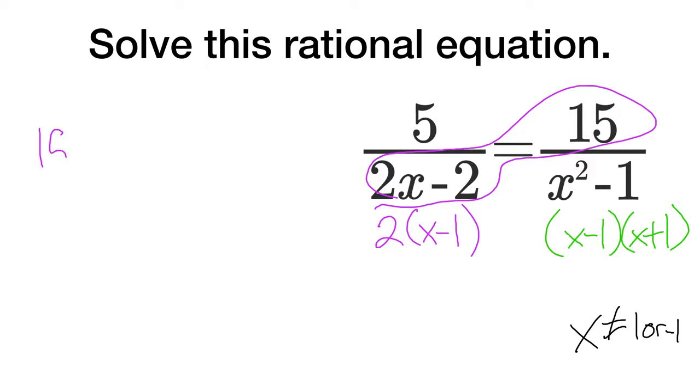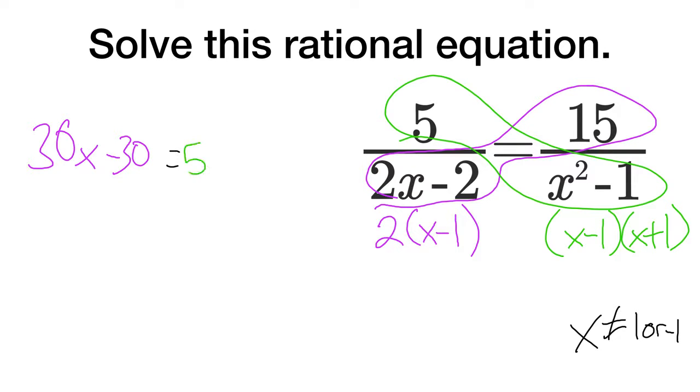That becomes 15x minus 30. Sorry, not 15x. 30x minus 30 is going to equal 5x squared minus 5. Now, first thing I'm going to notice here is that I have an x squared and an x.